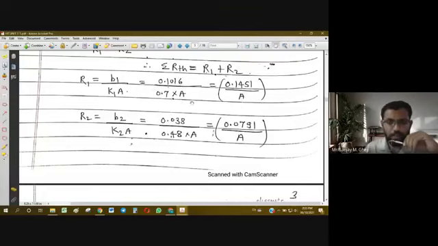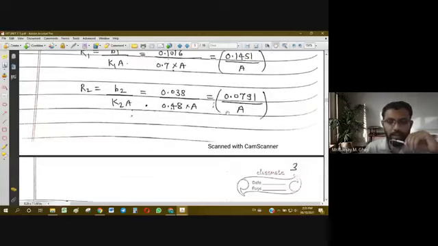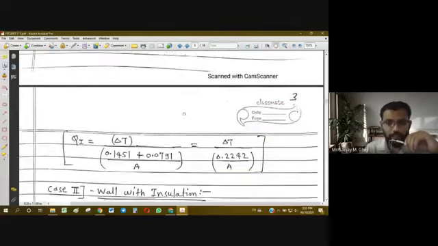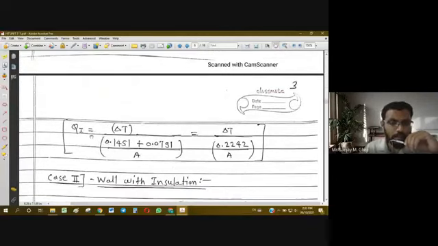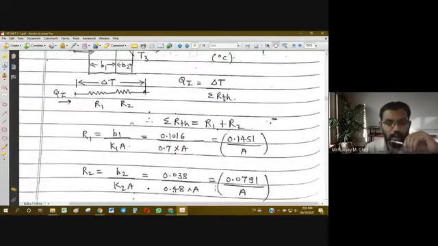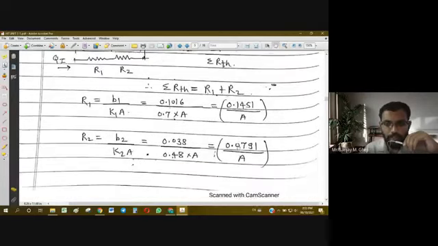So we'll continue with these values, and then finally we can evaluate for this. So that's not an issue. Then heat transfer rate Q1 is given by delta T upon summation R thermal, and summation R thermal is R1 plus R2, addition of these two.